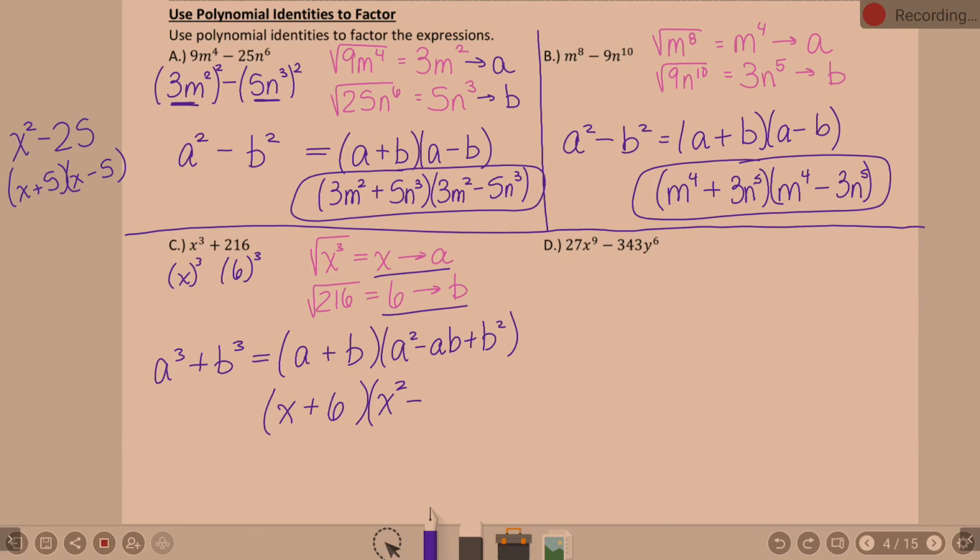So the x times the 6, or my a times b, which I could write x times 6, but better than x times 6 would be 6x, plus b squared. Well, that's always my other cube root, which my other cube root was 6. And when I square it, I'm going to get 36. And that is your factored version for the sum of cubes.